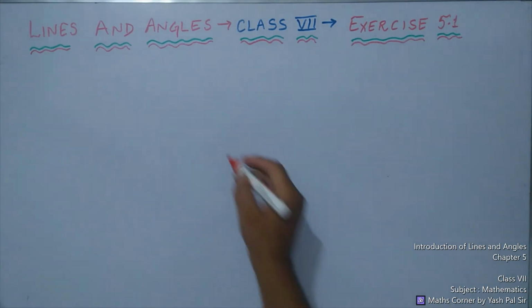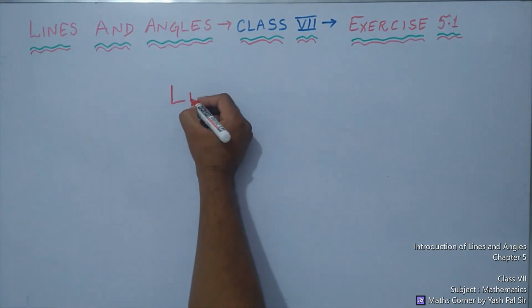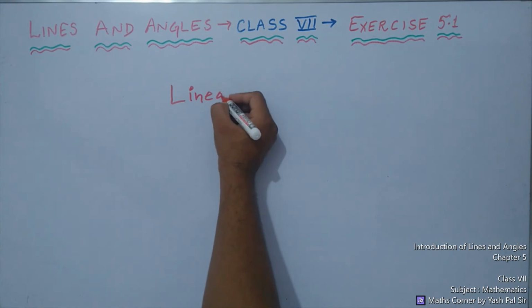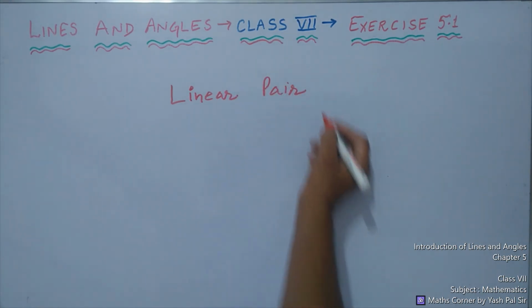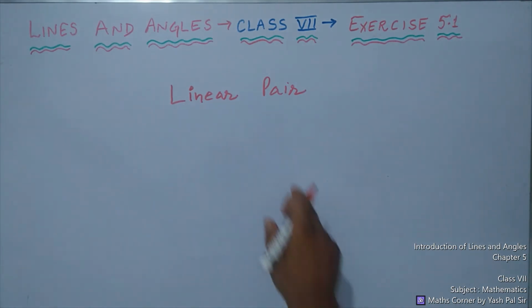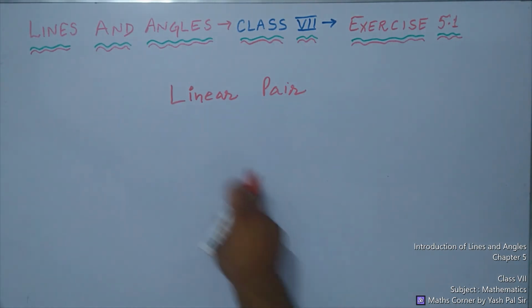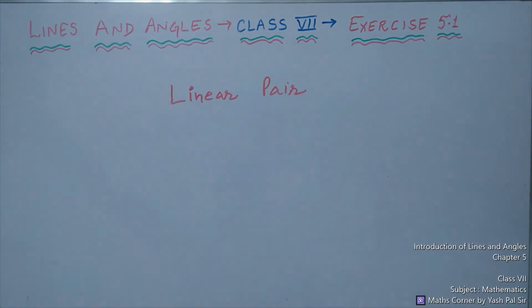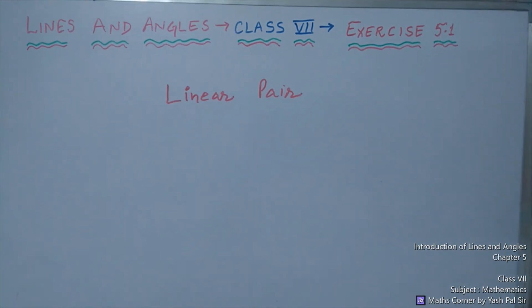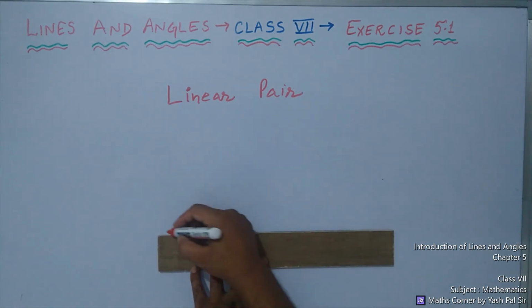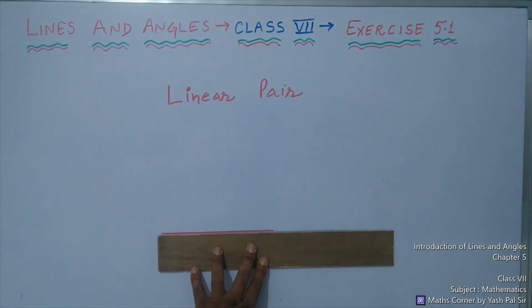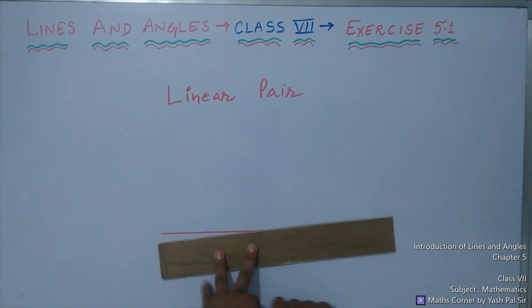Next part is very important, linear pair. Pair means two, okay? A group of two. Linear means straight line. So here first of all we have to combine these two. Suppose we have one straight line, right?